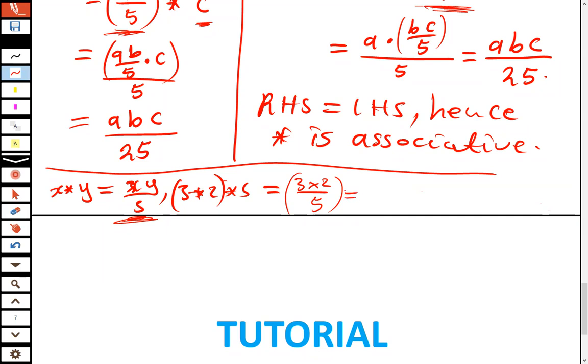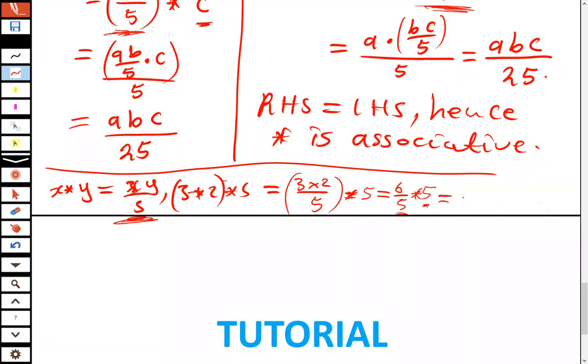Okay, so 3 times 2, we said this is 6 over 5. Then we have star 5. So this one becomes our x, this one becomes our y. So we say 6 over 5, that is our x. We replace it where there's x there.